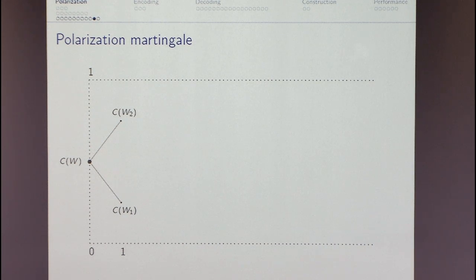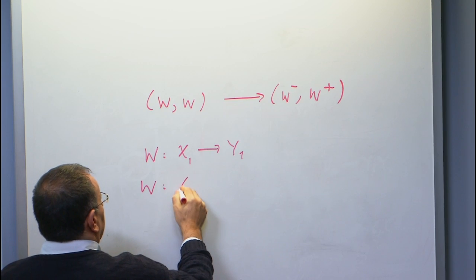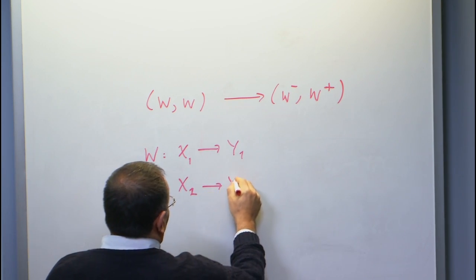So let me show here exactly what I'm doing. Remember, we have a W channel, a binary input discrete memoryless channel, call it W. We take two independent copies of it, and then we generate a W minus and a W plus. So more precisely, W is a channel which goes from X1 to Y1, and we have another channel which goes from X2 to Y2.